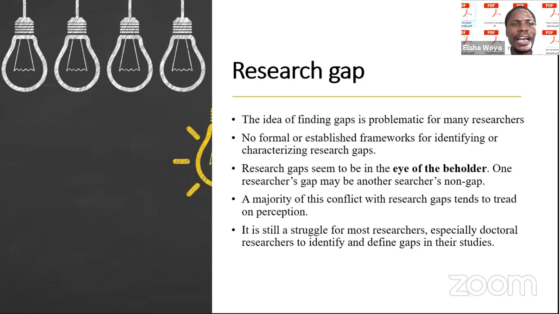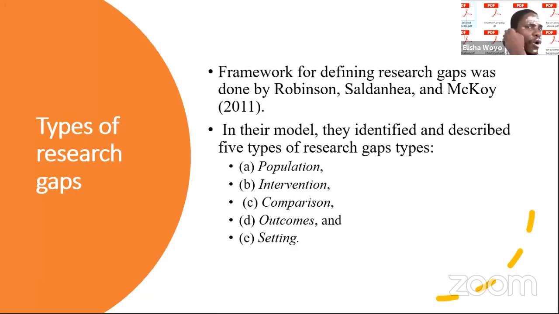So in most of the times one has to read the whole introduction and background section of the paper, and after reading up to the end, you still struggle to find out, okay, I have finished reading this, but what is this gap that this particular researcher is trying to address? So it's quite important that we know all this kind of stuff.